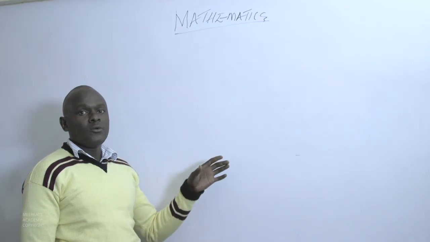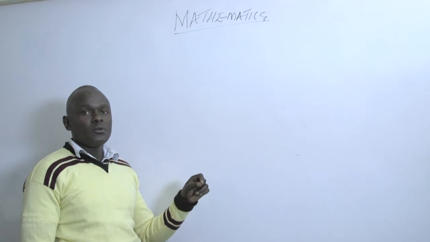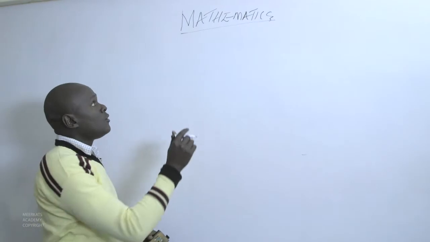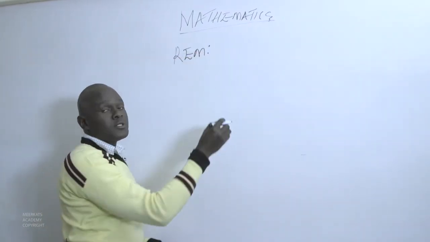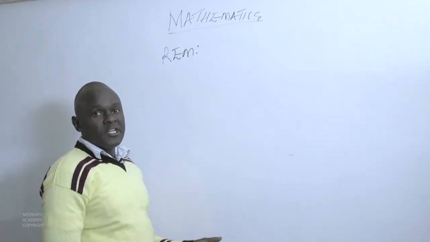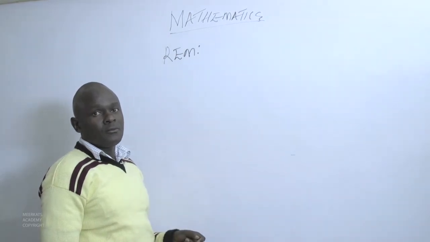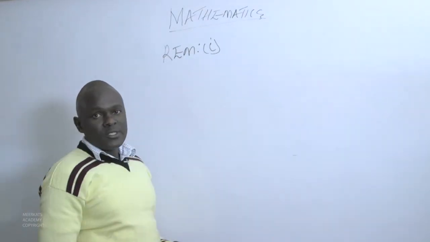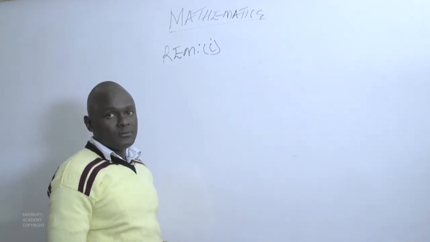We also went as far as looking at some terms that are used when we are calculating income, and those terms were gross income, net income, and the deductions. So that is the prerequisite knowledge that you are supposed to have as we proceed with this particular lesson.